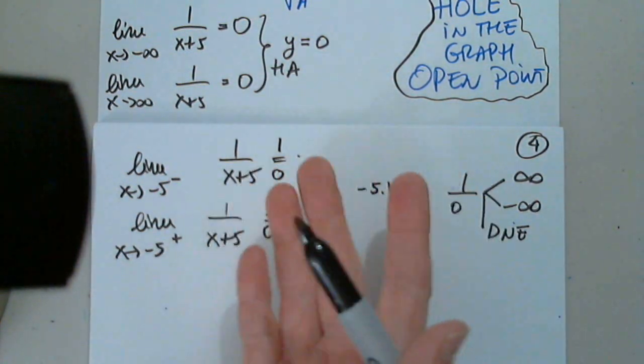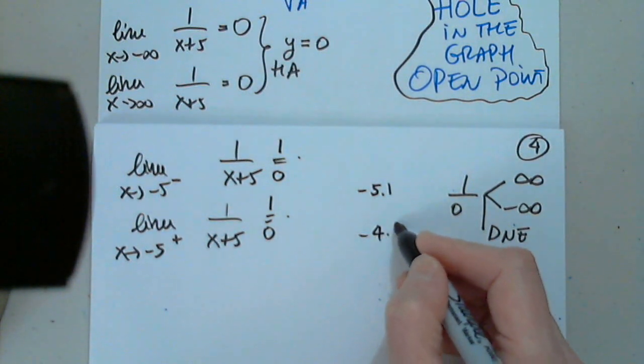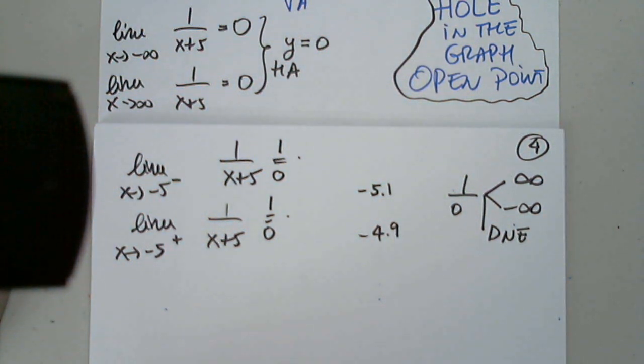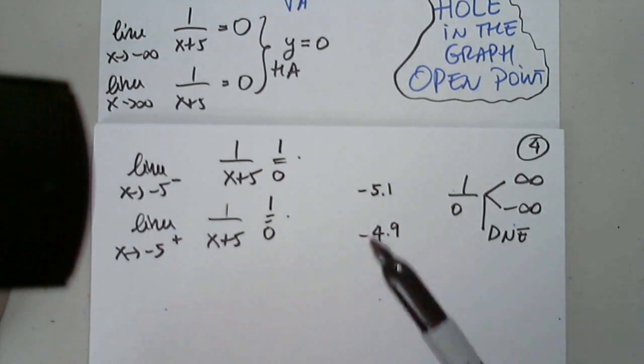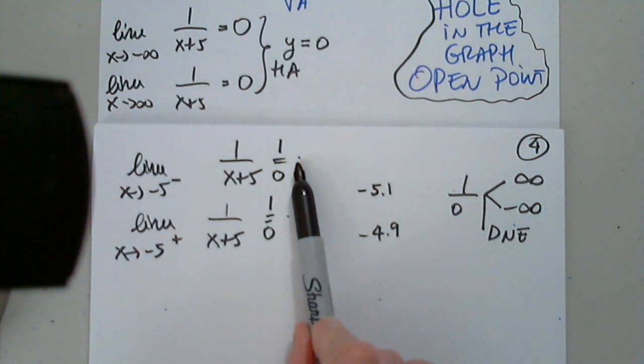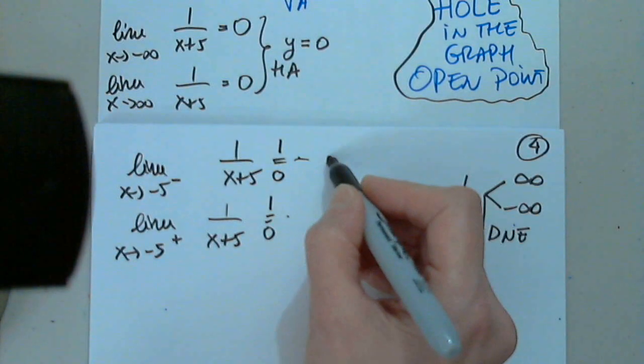Here, negative 5 from the right, you will be using negative 4.9. The top will be negative and the bottom will be positive.